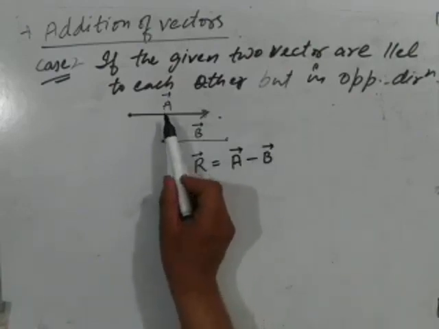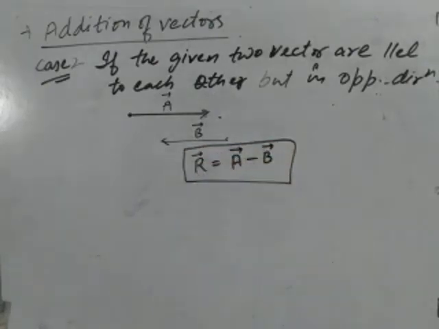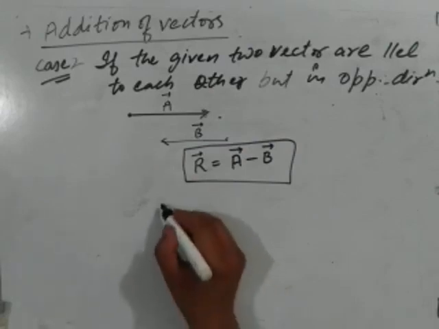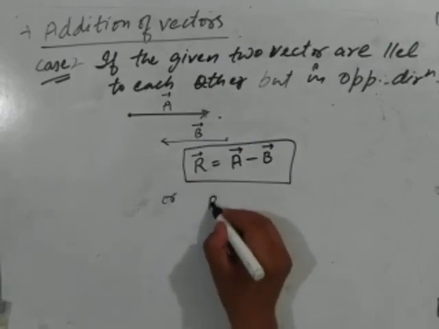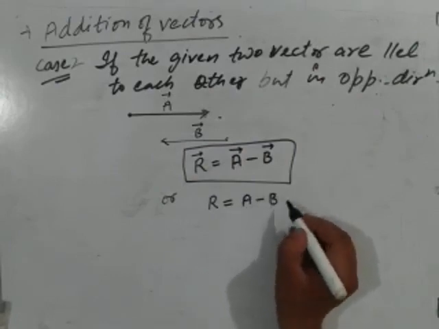If A is greater than B, then we can write R vector equal to A vector minus B vector, and in terms of their magnitude, R is equal to A minus B.